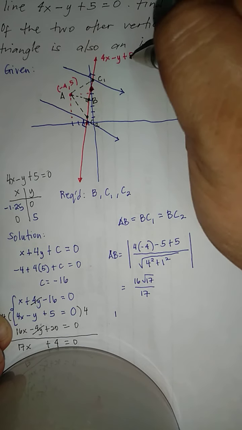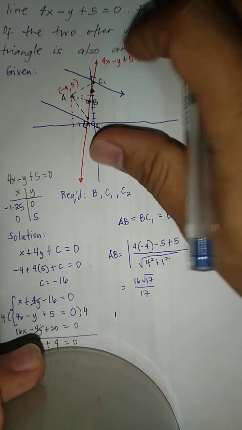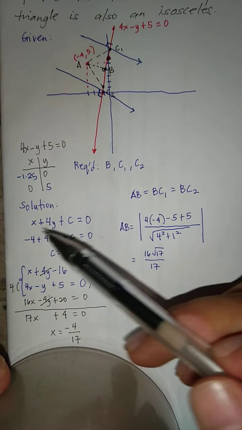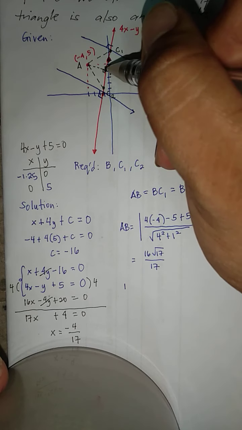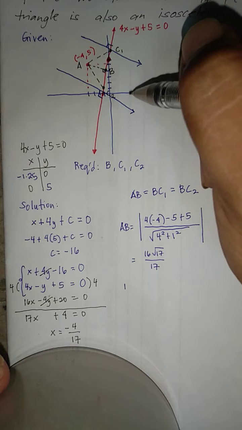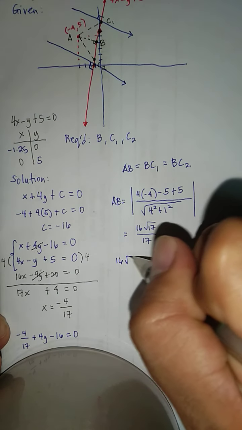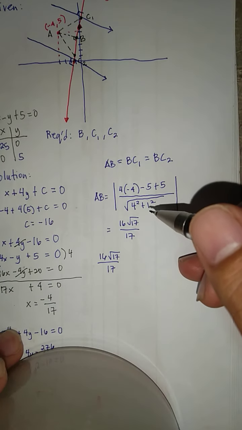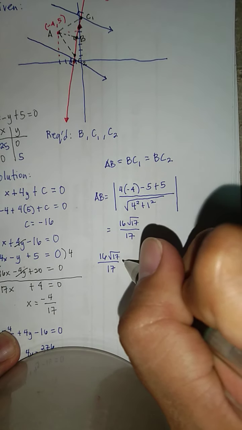By the way, the equation of these two lines has the same coefficients as this one, since this line here, AB, is also parallel to these two lines. So we're going to use that fact, 16 square root of 17 over 17, to solve for the C of these two lines, which is still currently unknown.